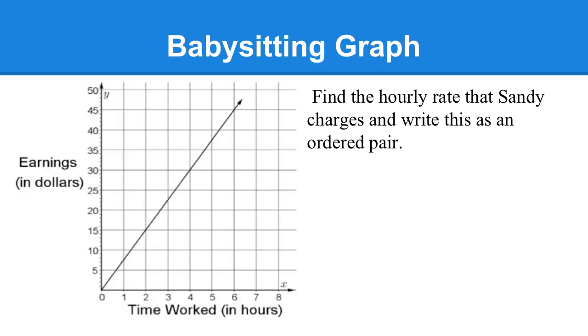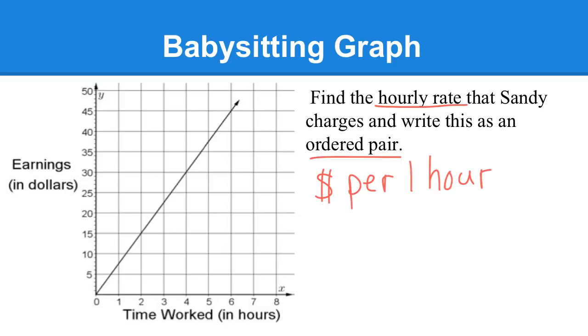I can also use my babysitting graph, which is proportional, to find the hourly rate that Sandy charges and write this as an ordered pair. So hourly rate, I want to know how much money does she make per 1 hour? Well, 1 hour is right here.